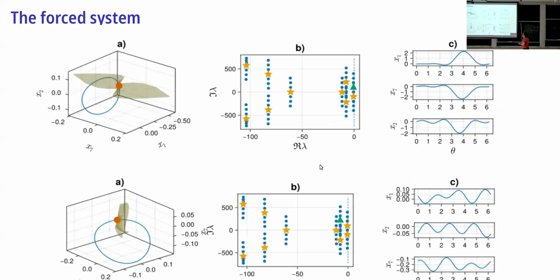Right. And what I've done is exactly the same as I just told you before: first I identified a linear model about an invariant torus. Well, in this case, it's a periodic orbit, but the sampling rate is rationally independent from the frequency.